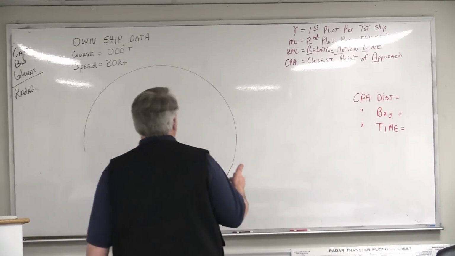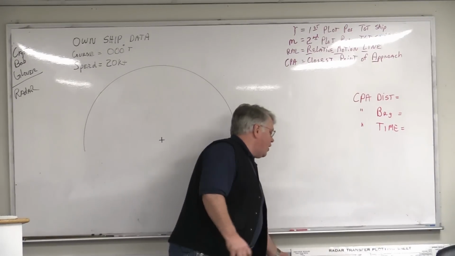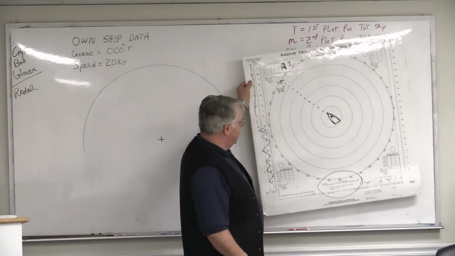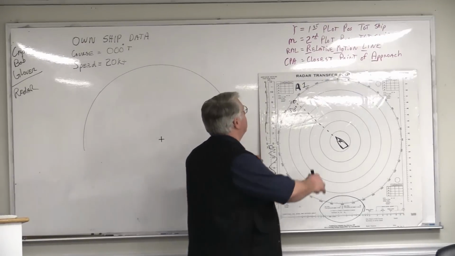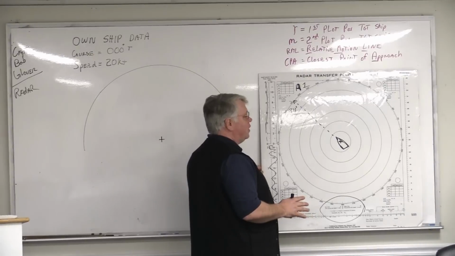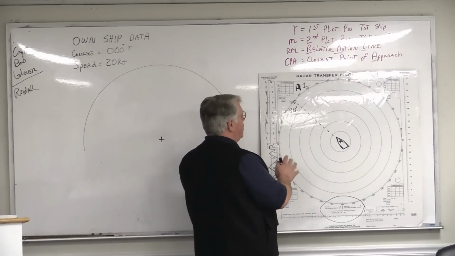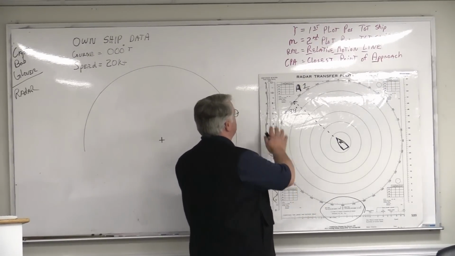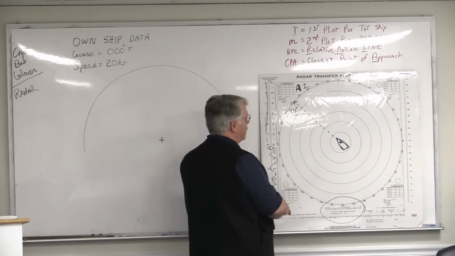on the plotting sheet. We also went over the radar transfer plotting sheet, and we went ahead and looked at the sheet, see how it's laid out. This was designed to help the mariner do paper plots. And so it's broken up with the range scales on one side.